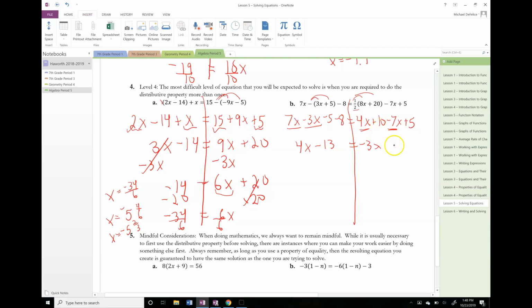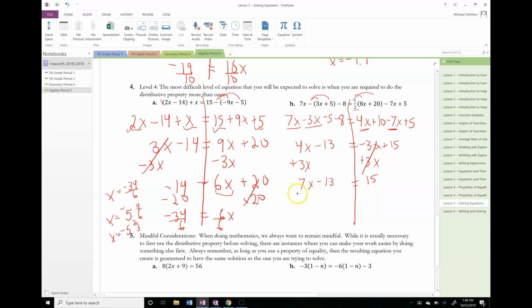Then I can add the 10 and the 5 to get 15. Okay, we have variables on both sides. You have two choices, one choice being slightly better than the other because it keeps the variable term positive. I'm going to add 3x to both sides. 7x minus 13 equals 15.